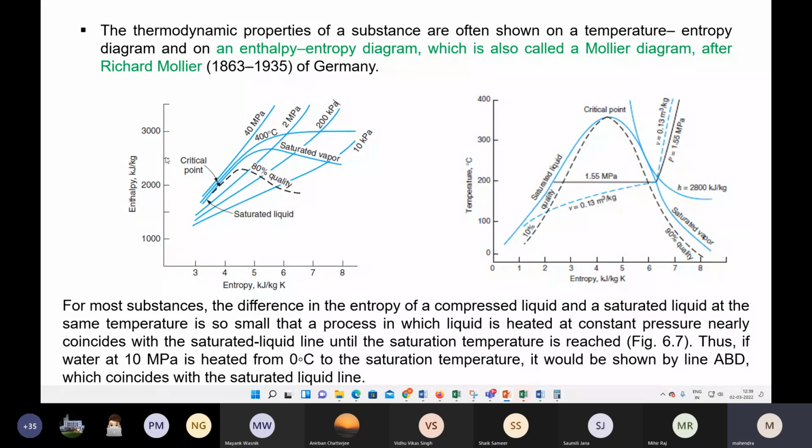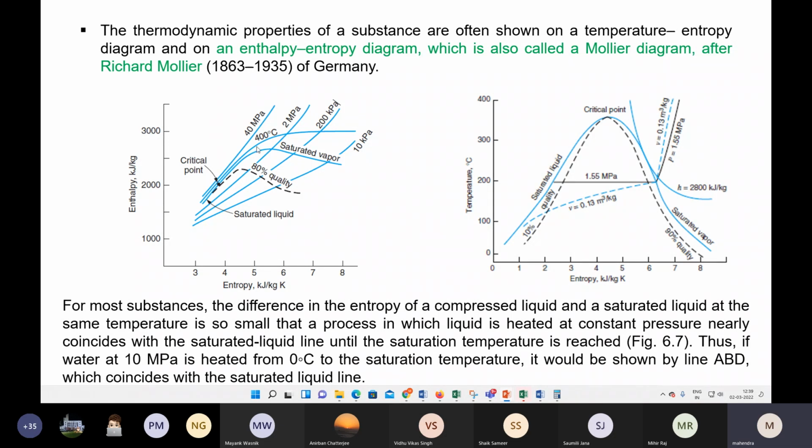This plot of enthalpy and entropy is usually called the Mollier diagram. Please remember this. It is named after a great German scientist, Richard Mollier.